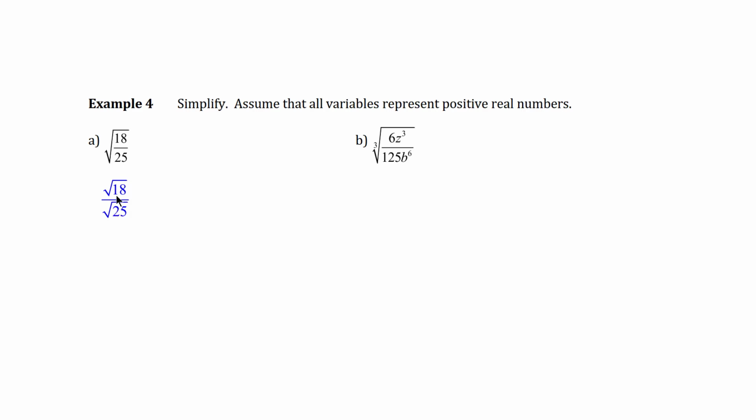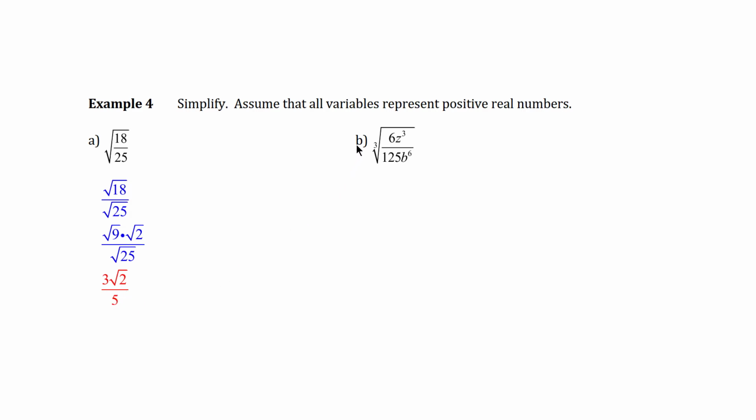Next, I rewrote the square root of 18 as the square root of 9 times the square root of 2. So we have the square root of 9 times the square root of 2 divided by the square root of 25. Next, we simplify. The square root of 9 is 3, and we could take the square root of 25, which is 5. So our final answer is 3 root 2 over 5.